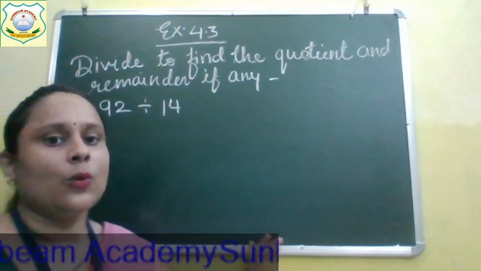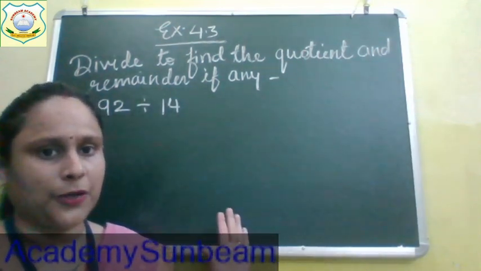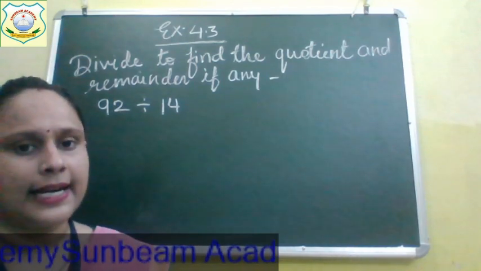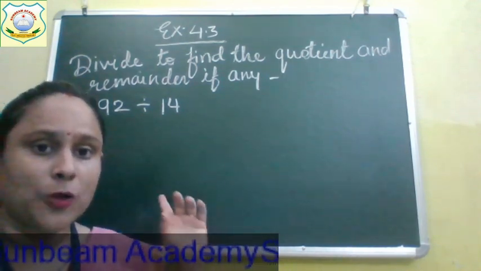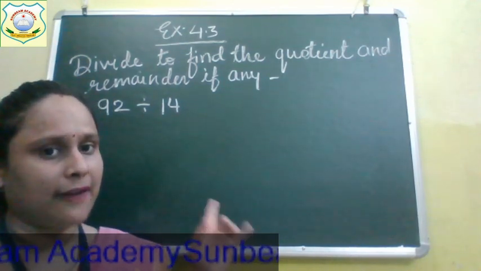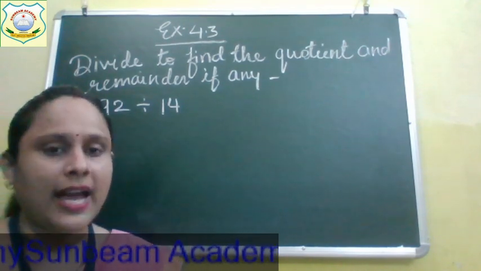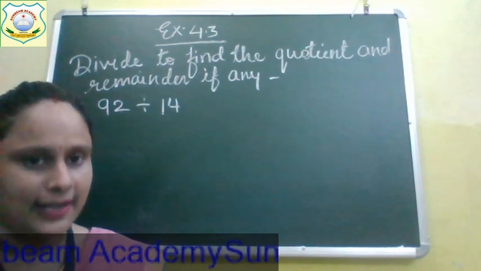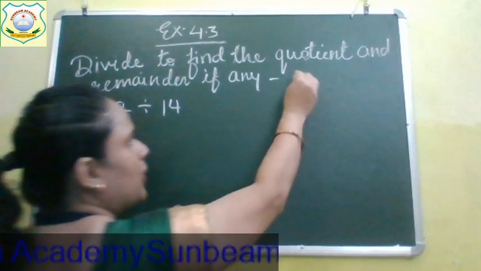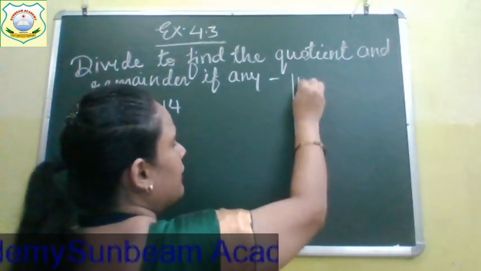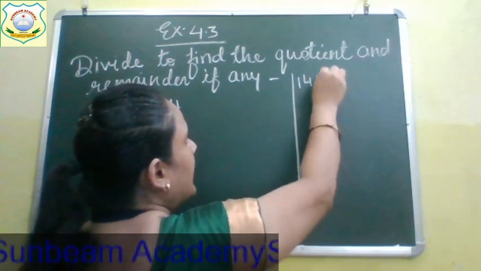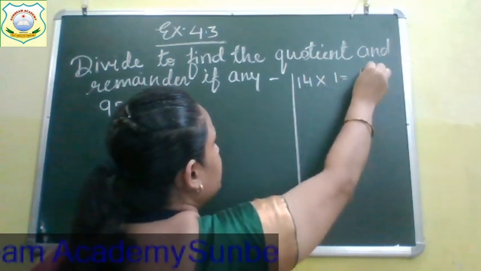So children, when this type of division is given to you, first we will write the table. Children, I know most of you have not learned the table of 40. For them, it will become very difficult to write the table. So I am telling you how to do it. If you have not learned, see 14 ones are 14.